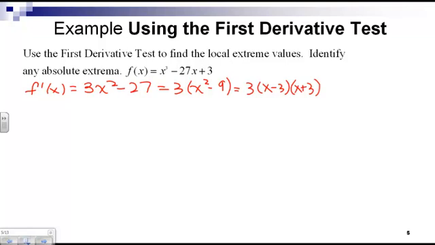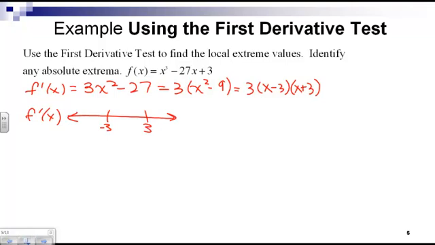Check my algebra, please. Yep. We're good? Now what I tend to do is after writing that out, I say, let's look at a chart which helps summarize what's going on. I say that there are zeros for the derivative at -3 and 3.